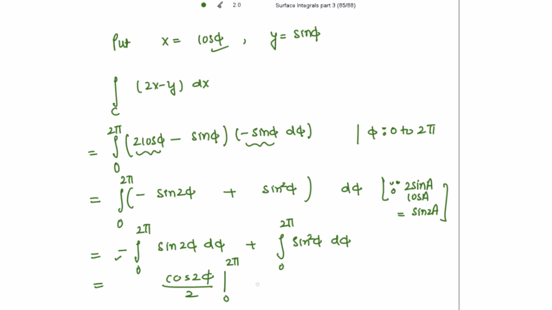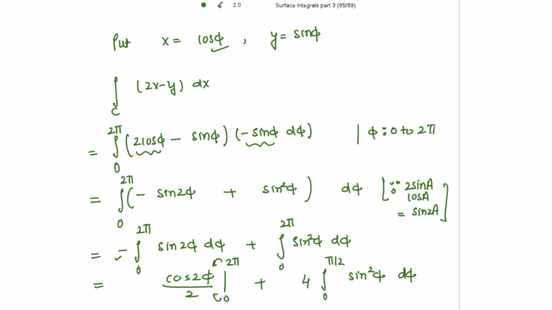And I can write the second integral as 4 times the integral from 0 to pi by 2 of sine square phi d phi. Now putting the upper limit, I get cos of 4 pi, which is equal to 1, so this is 1 by 2 minus, when putting the lower limit, cos of 0, which is also 1, so 1 by 2.